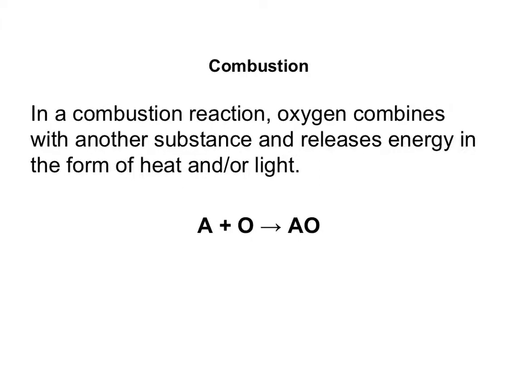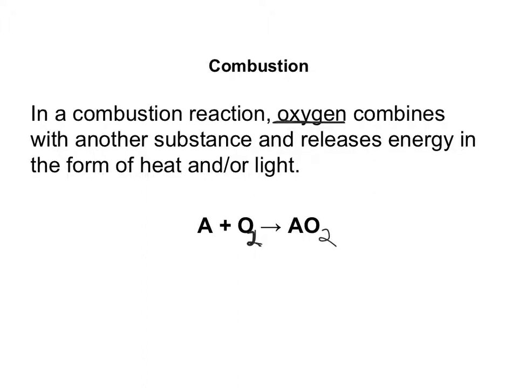Okay, the last type of reaction we're going to talk about is combustion. And the key here for combustion reactions is oxygen is one of the reactants. And really, it should be O2, right? Because oxygen is a type of element that always forms pairs when it's existing as an element. And then I would need an O2 over here.